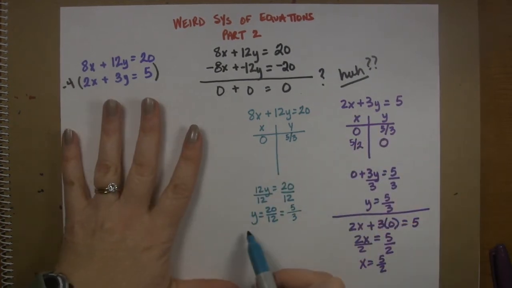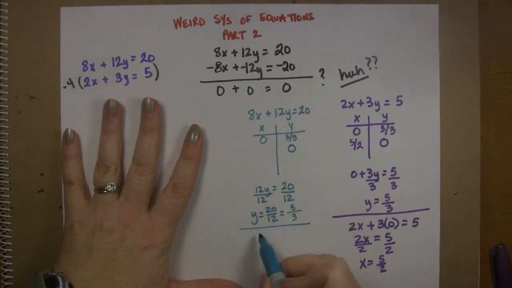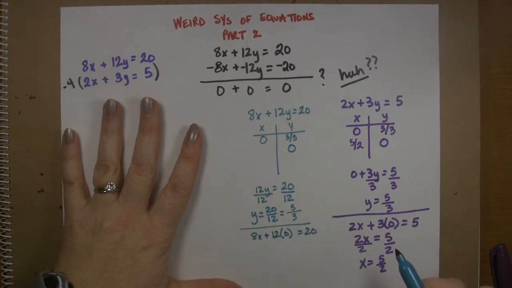All right, well, let's do the other way. Let's make our y 0 and see what we get. So here we have 8x plus 12 times 0 equals 20. Again, this term is going to cancel out because 12 times 0 is 0. So that gives us 8x equals 20.